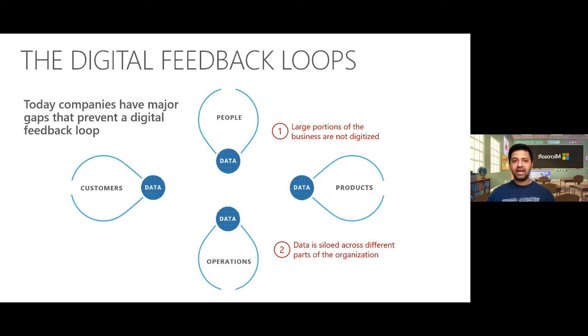Because we don't have access to that data, we cannot see the relationship between customers and products, customers and operations, employee and operations, and that whole digital feedback loop does not join together. We'll come back to this in probably 4 or 5 slides' time to go through how digital twins will help join everything together to provide meaningful insights.